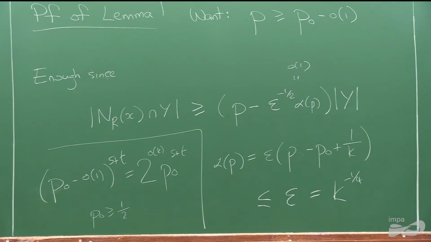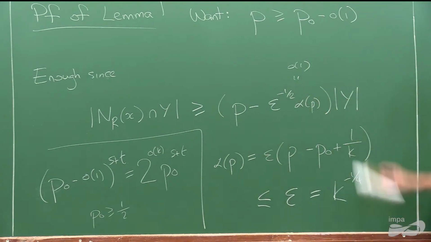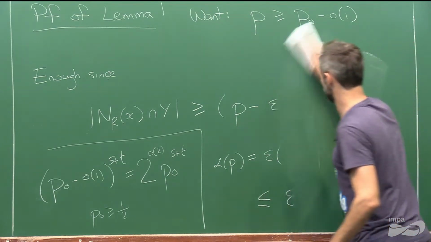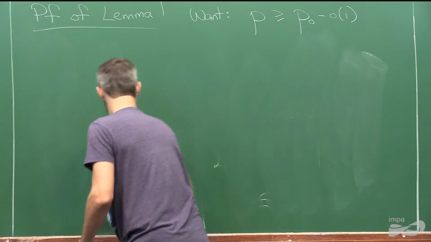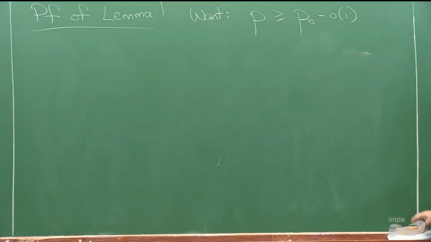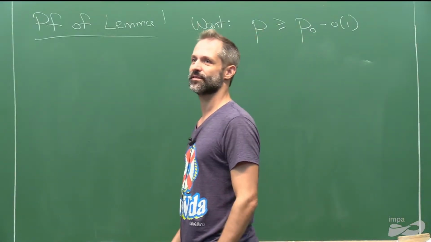Okay, so we just need to prove this. I'm going to erase this. We need to think about how p changes during the proof. So how does p change in each of these four steps?